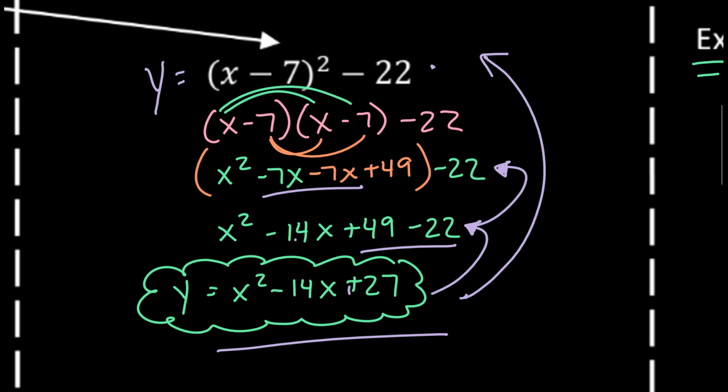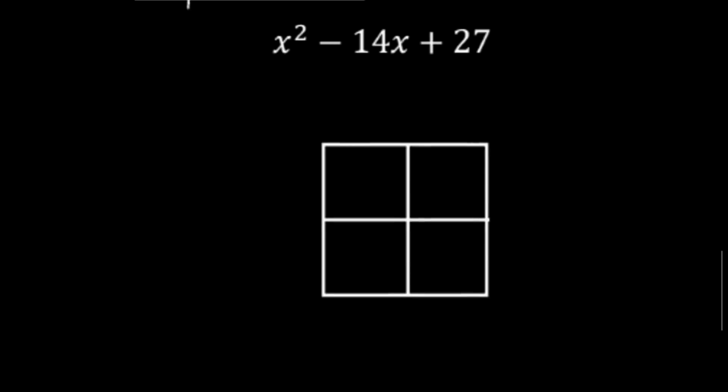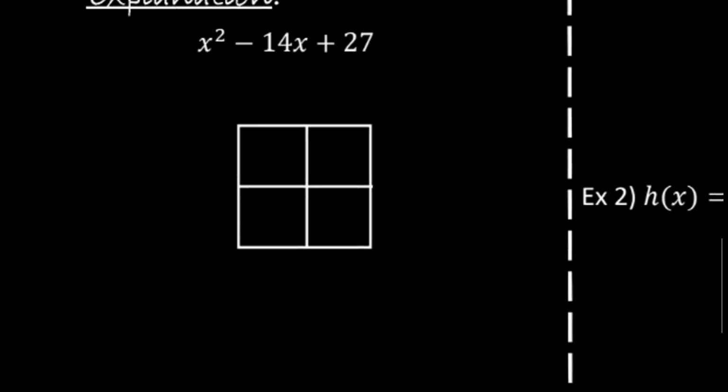That's how we got the x minus 7 squared. We took the middle term, the negative 14x, and did what to it? Divided it by 2. So same thing down here. We took the negative 14 and split it in 2, so we got negative 7 and negative 7.